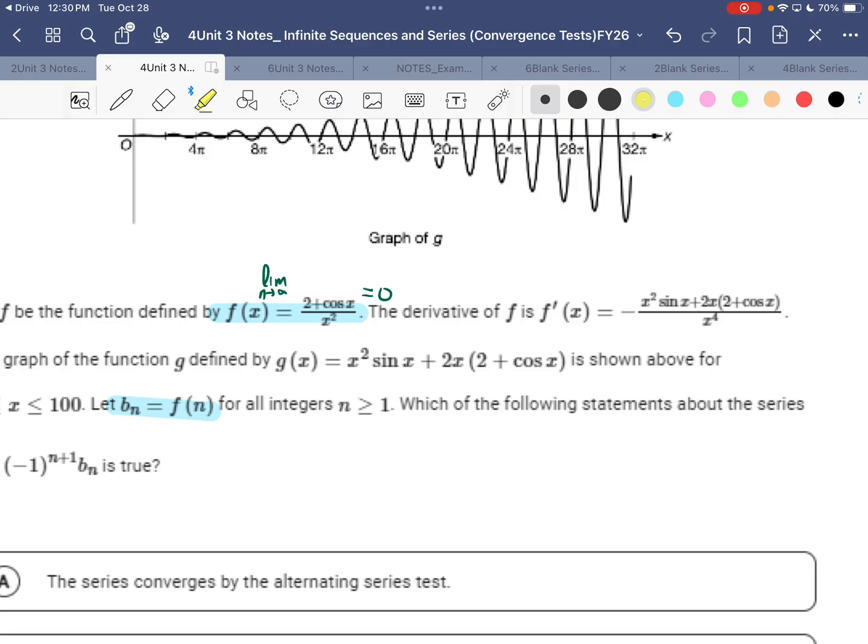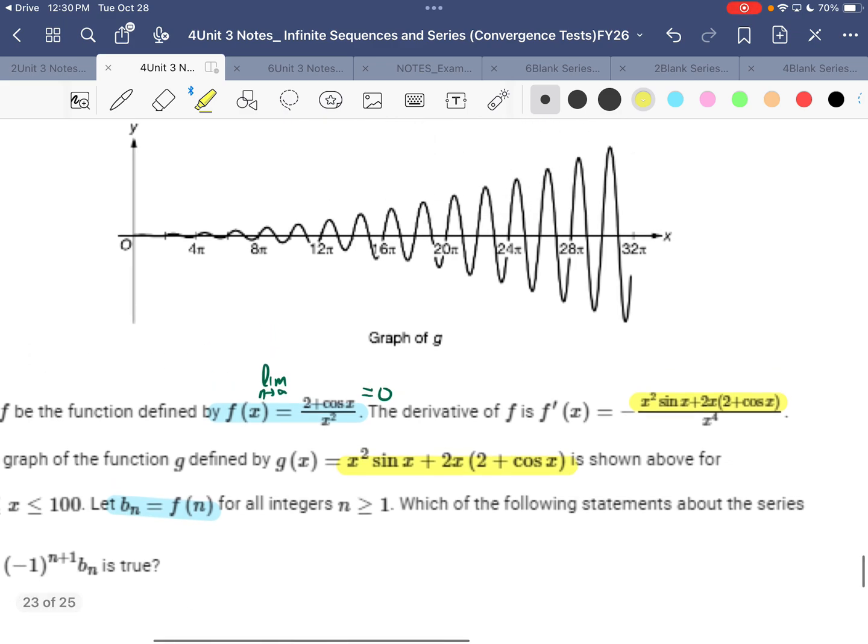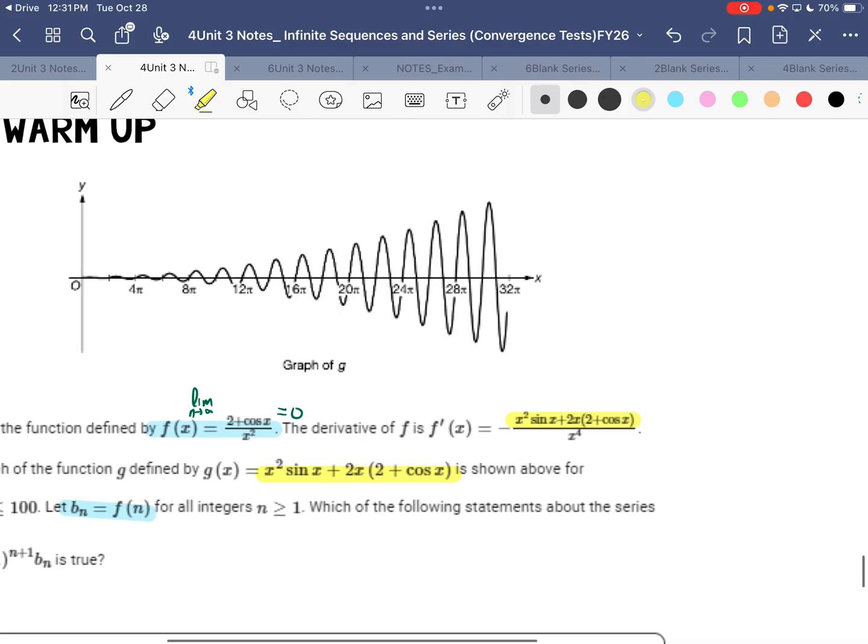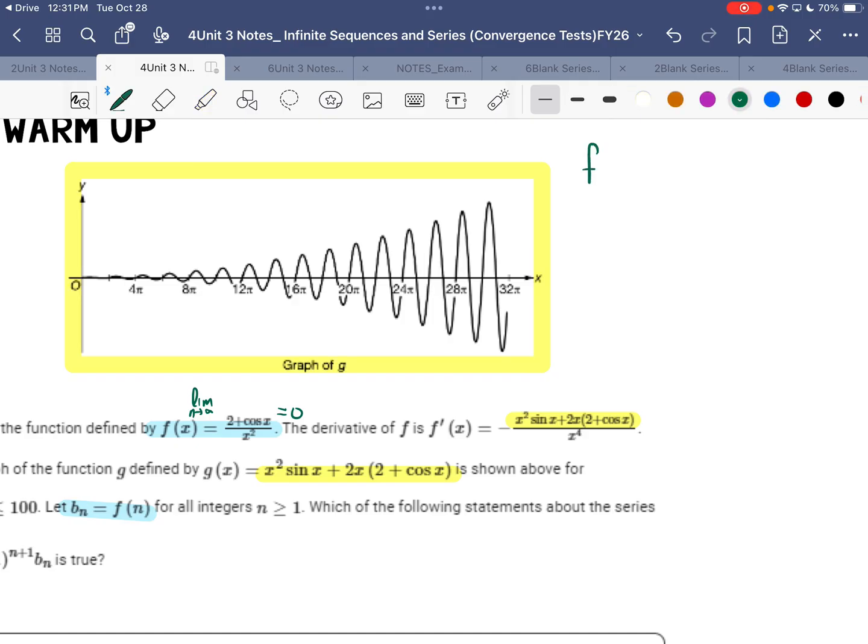they gave you all of this information is that the numerator of the derivative is g. So the numerator of the derivative is this graph of g. If we're talking about derivatives, what's significant about the derivative for figuring out if it's decreasing or increasing?